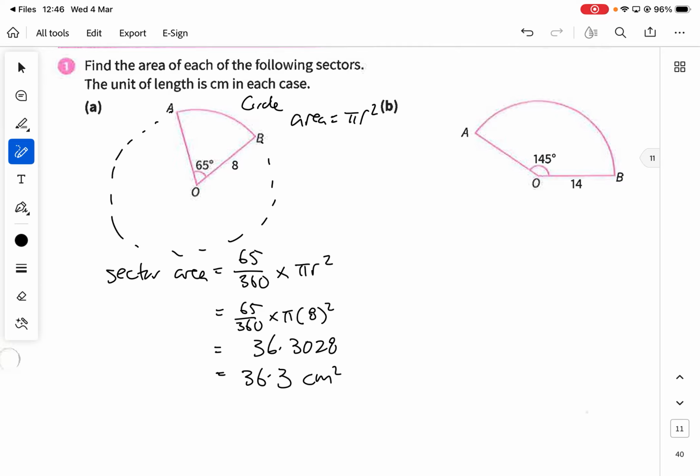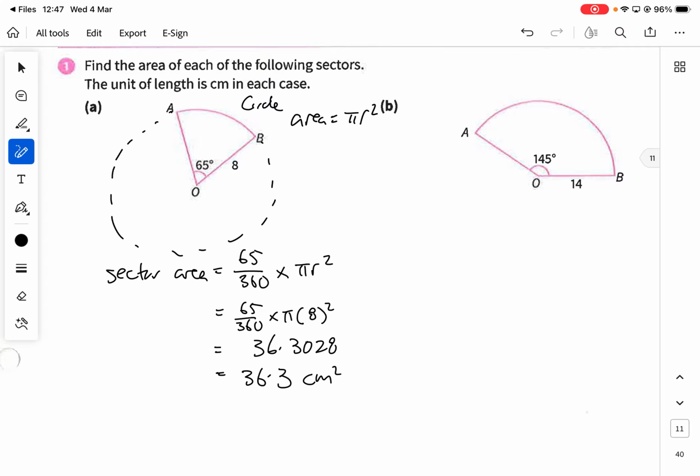When I move another degree, I will cover another area. When I cover the entire circle, actually I cover 360 degrees for the entire area. So now I never cover the entire circle. I only cover 65 degrees. So I want to find out, when I cover 65 degrees, what is this area?